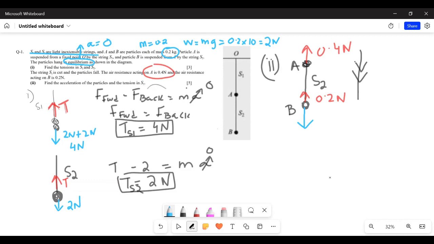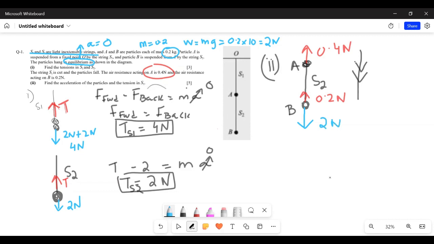It won't be 10 newtons, nor 0.6 newtons. At B, only B's own weight acts downwards, not A's. So what was the mass of B? It was 0.2. So the weight is going to be 2 newtons.